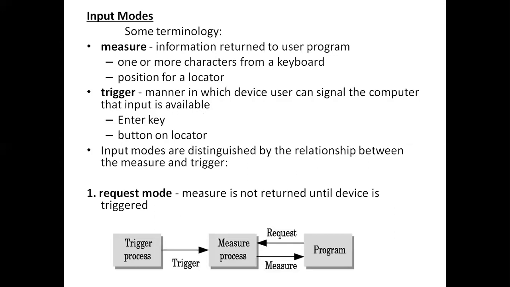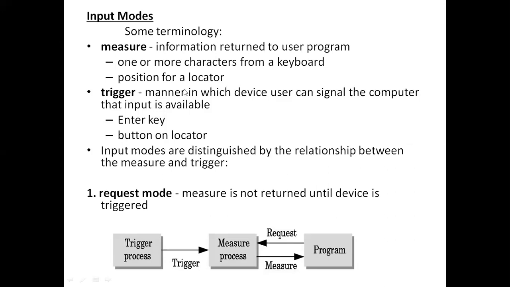If my measure is the position of a locator, that means if my input device is a mouse, how do I give the input? For example, if you want to give the input by clicking a button, you will move the mouse to that position.